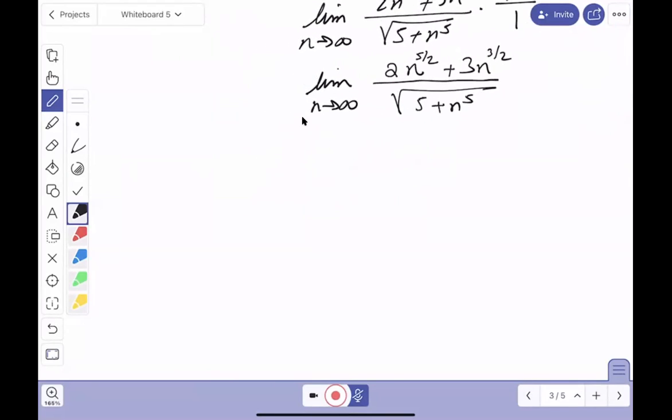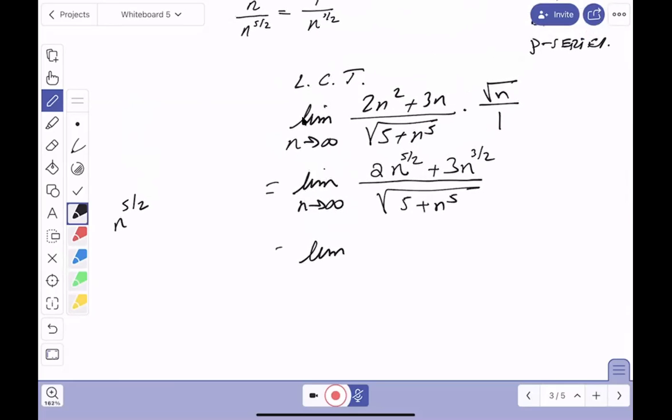Well, what I'm going to do is divide top and bottom by the highest degree variable, which is this. Let me put that down for you. That would be 2 plus 3, well, let's see, 3/2 minus 5/2 is 1. Boy, that was easy.